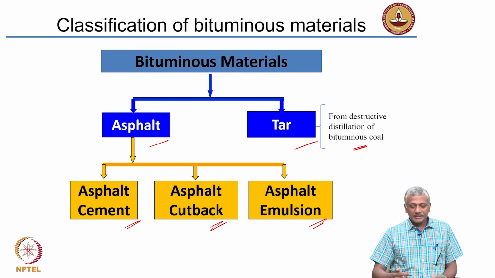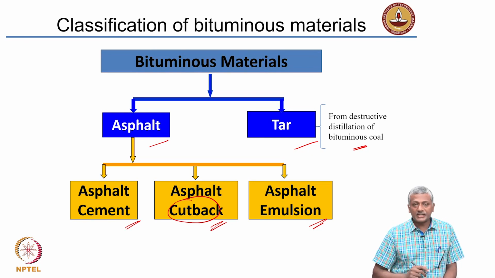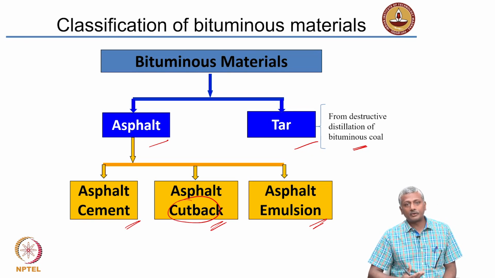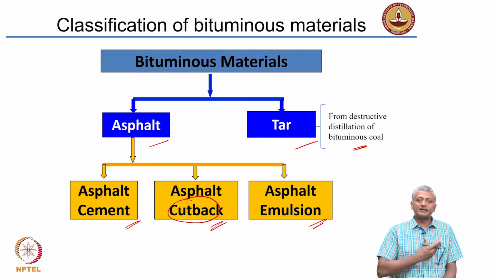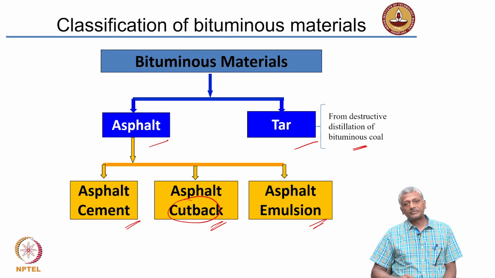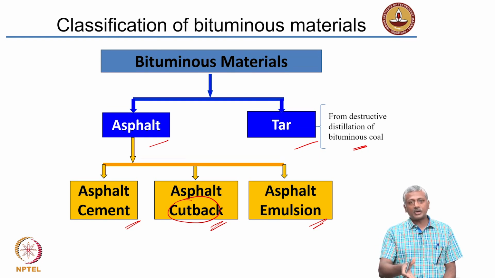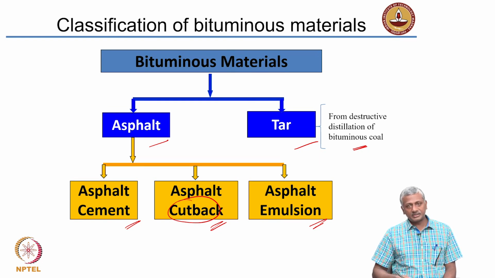Now, I said that in a cutback, the asphalt is getting dissolved in an organic solvent. So, now imagine you have a roadway surface, which is made with asphalt concrete, and you have a vehicle from which petrol is leaking. What will happen? Petrol is an organic solvent from the same process of fractional distillation, right?